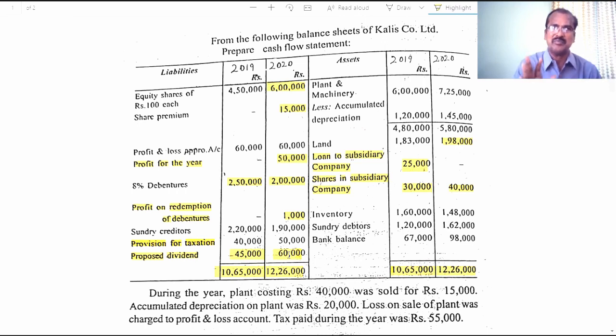Therefore, it is very simple for the students to understand that this one amount, which is given as proposed or declared and paid, could be added with the net profit to calculate net profit before tax and extraordinary items, and the same amount could be written as cash outflow through financing activities in the cash flow statement. So the problem is very simple with regard to the procedure being followed by the Institute of Chartered Accountants of India.